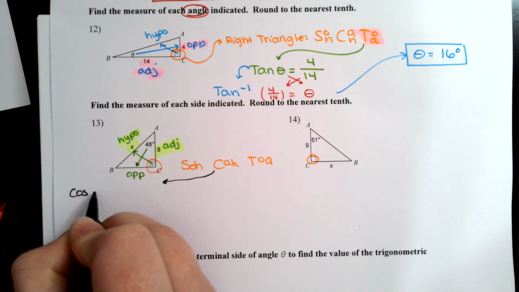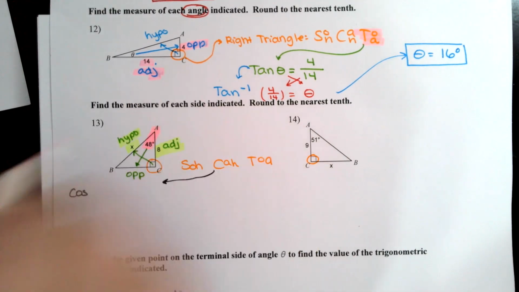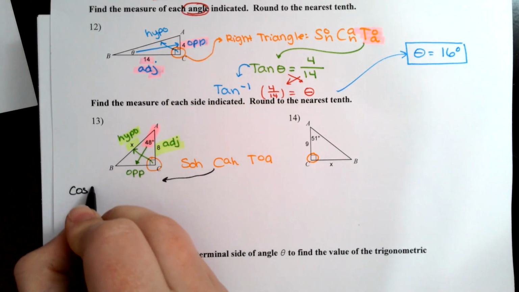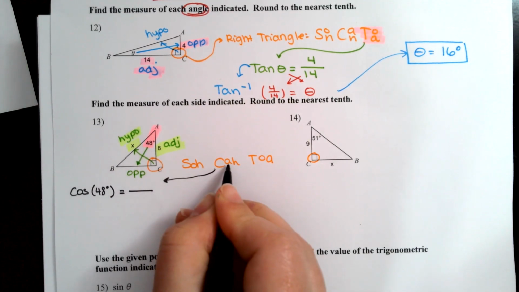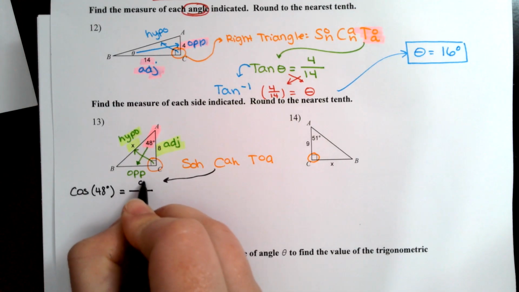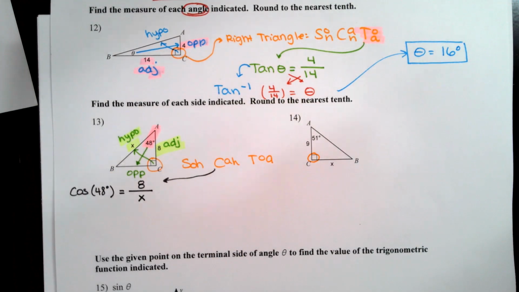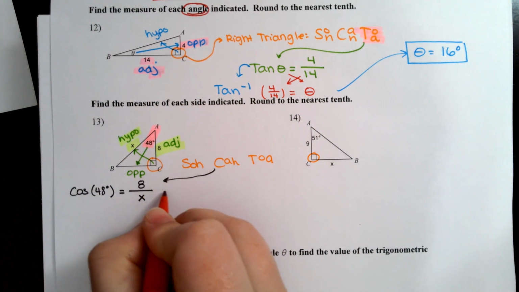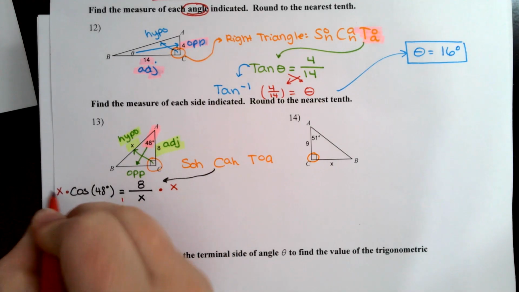So cosine of your angle, here's our angle, so cosine of 48 degrees is equal to adjacent over hypotenuse. Now, it's very important not to round here. Don't round. You're going to just start by moving x to the other side. So multiply by x, here's your dotted line, multiply by x.